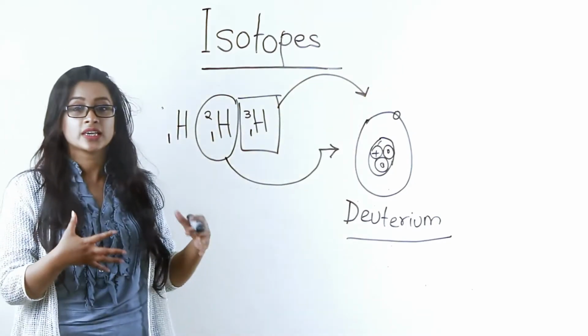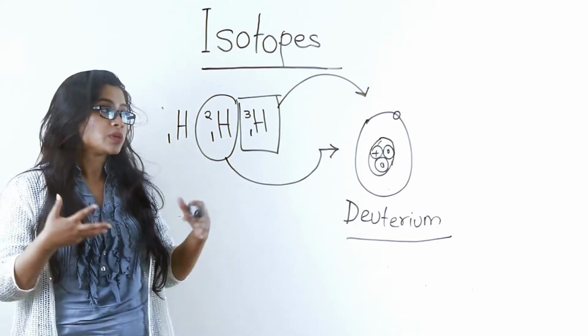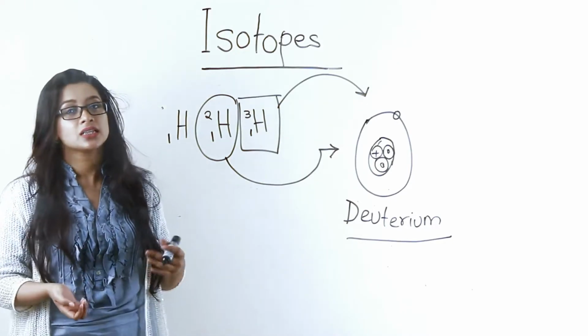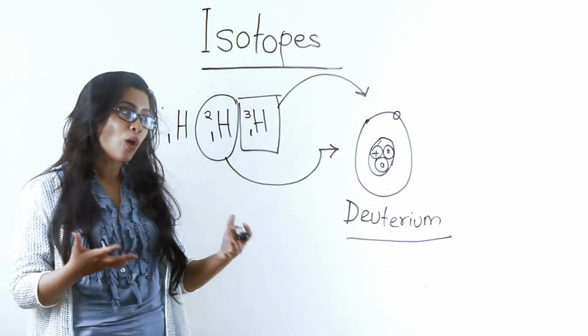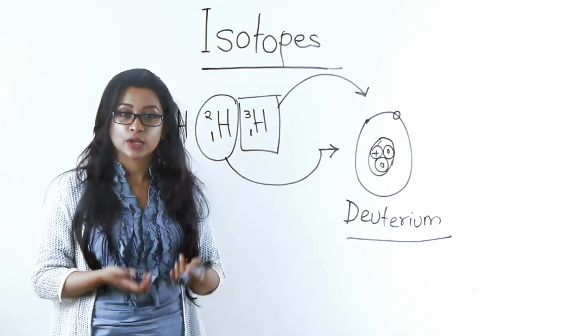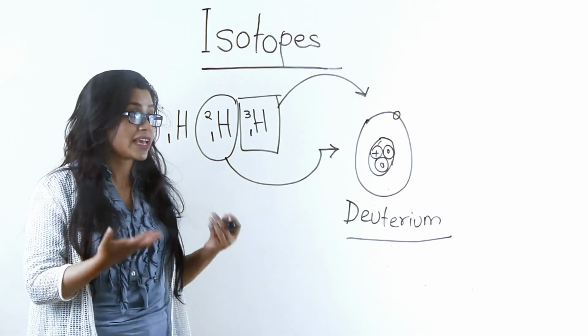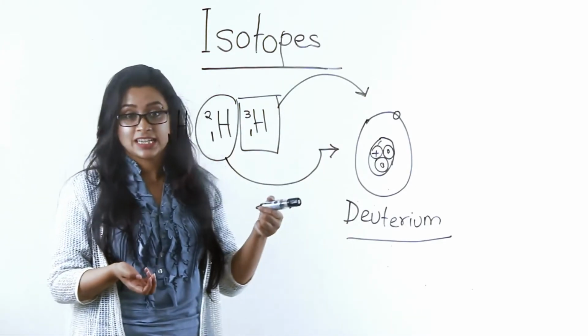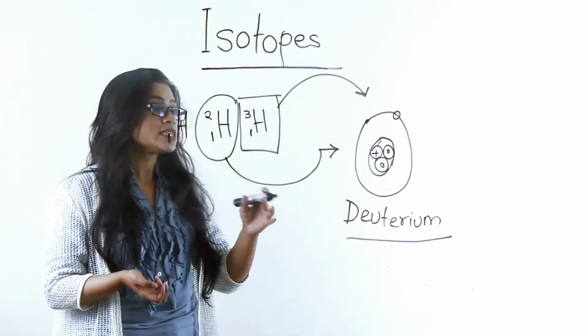I'm showing you the example in the same diagram because if I draw more and more diagrams, it may get a little bit confusing. So I hope you are able to understand what I'm trying to make you understand.